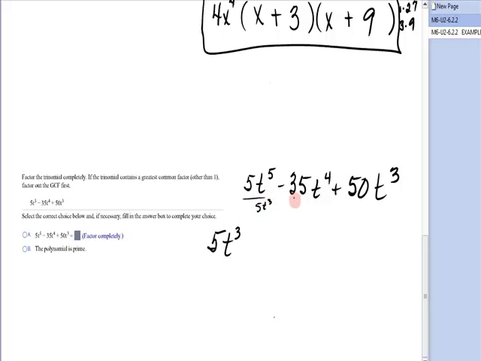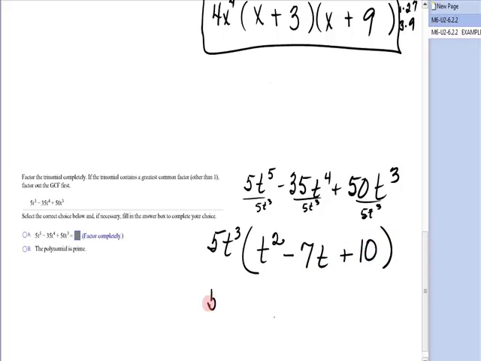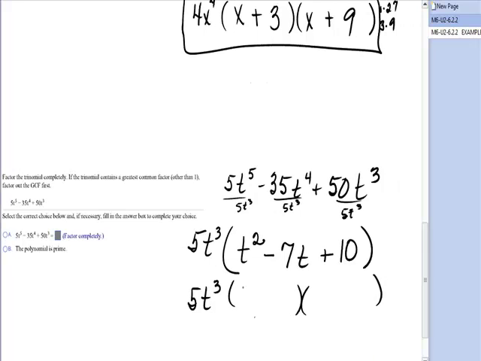So I'll divide each of these by 5t to the 3rd. And that will give me t, use the quotient rule, squared minus 7t to the implied first plus a 10. We're going to keep 5t to the 3rd and see if I can factor that by trial and error.